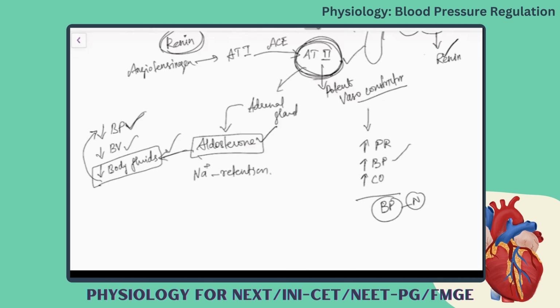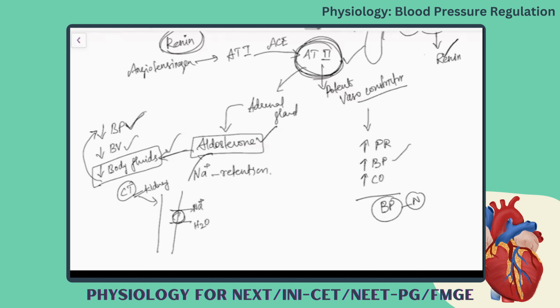How? This aldosterone is going to act in the collecting tubule of the nephron in the kidney. Consider this as the collecting tubule. It is going to activate the sodium-water channel in the collecting tubules.